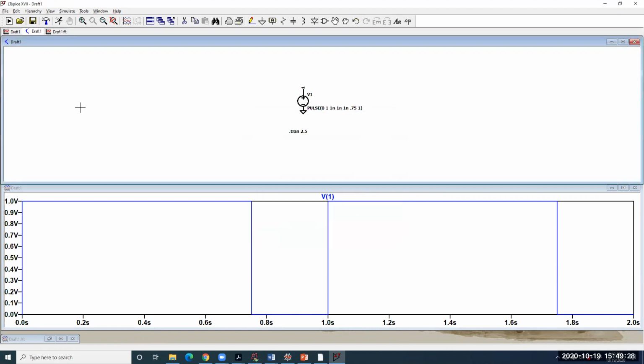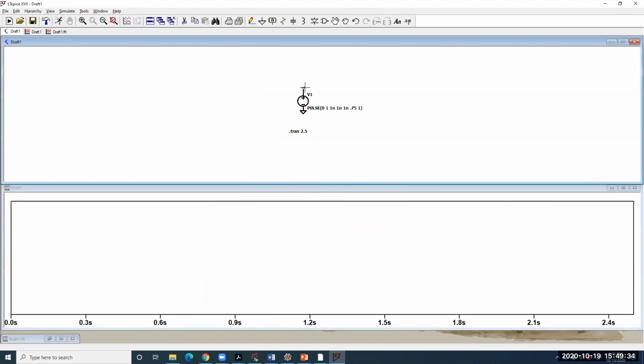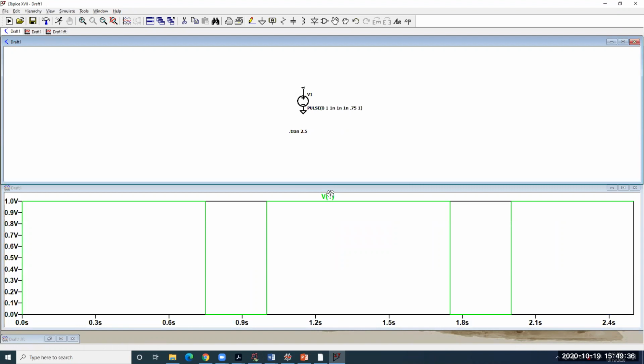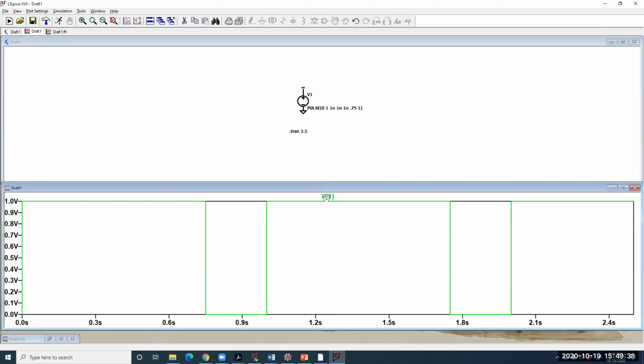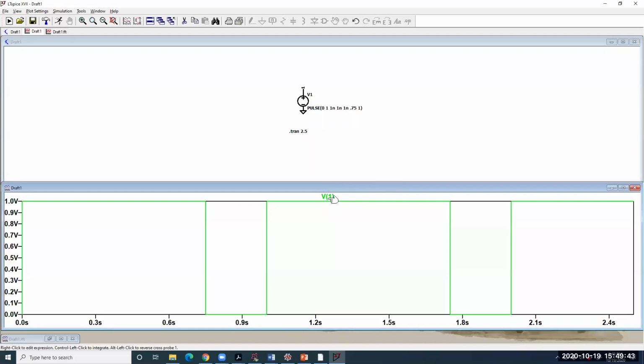What if I don't simulate it for the right amount of time? See how the average is not correct?